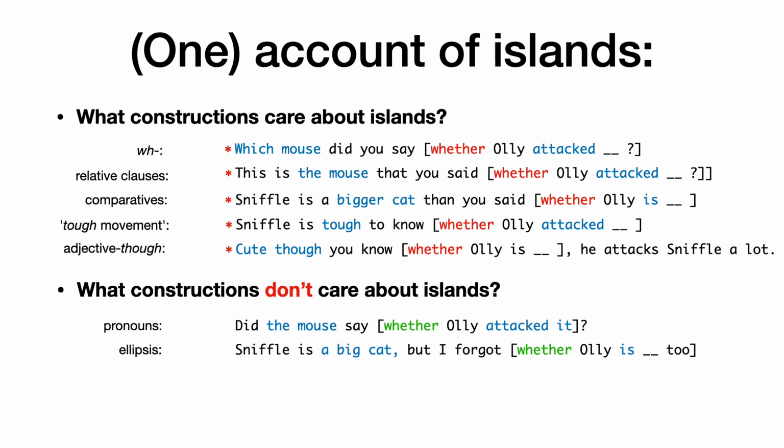The other thing we have to explain is how does the child know that tough movement has movement, right? How is the child supposed to figure out that, say, the comparative, Sniffle is a bigger cat than you said whether Ollie is, is the kind of dependency that needs to obey the island constraints, but ellipsis isn't, right?